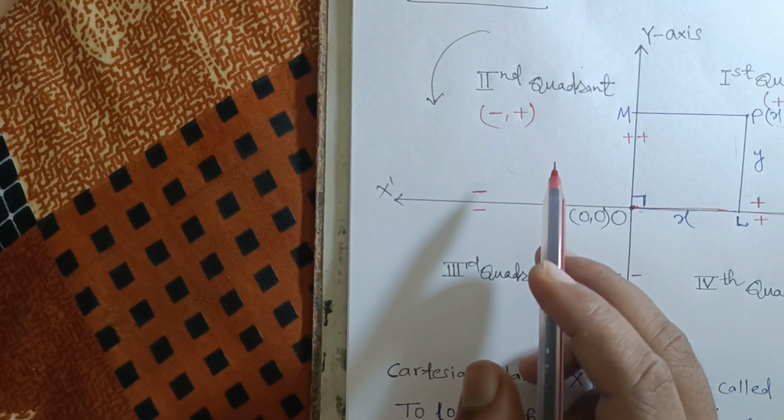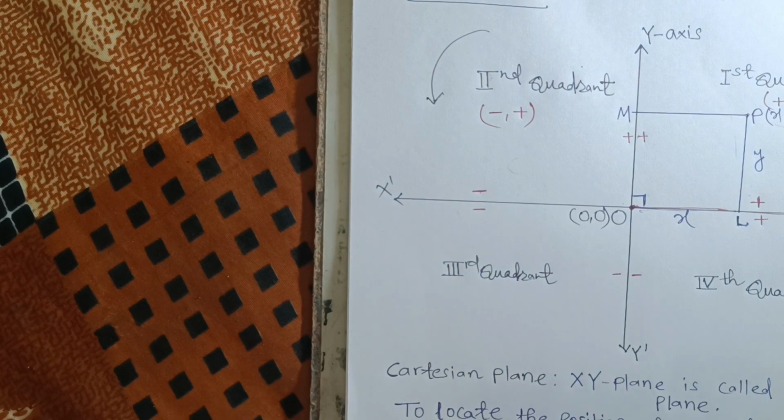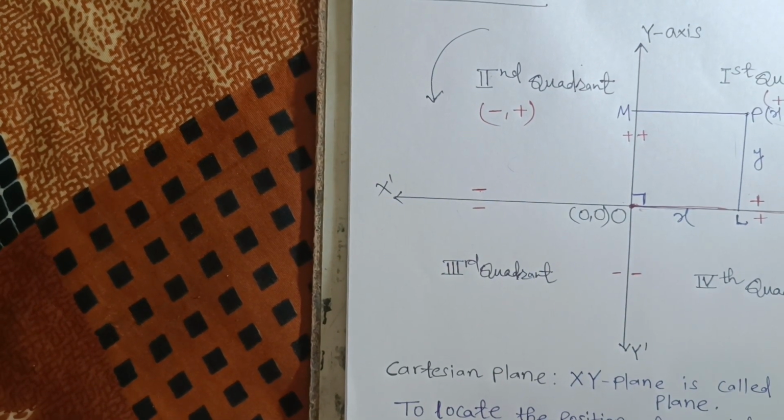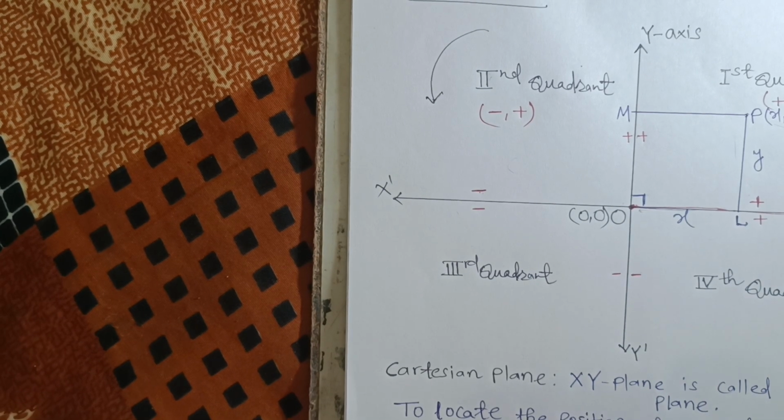Just as while wearing socks and shoes we maintain the order: first we wear socks, then shoes. Not first shoes then socks. This is not possible. Similarly, students, here we write first the value of x, then the value of y.